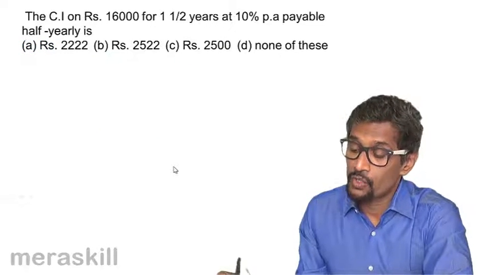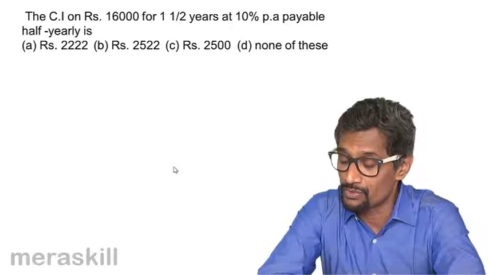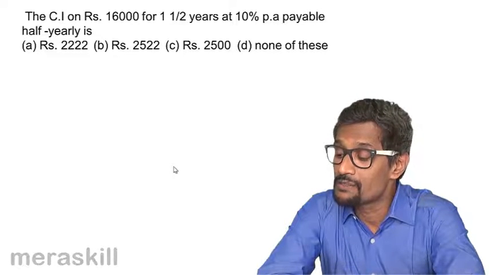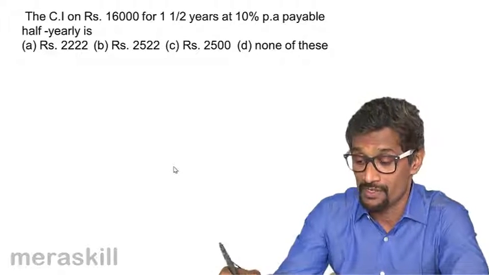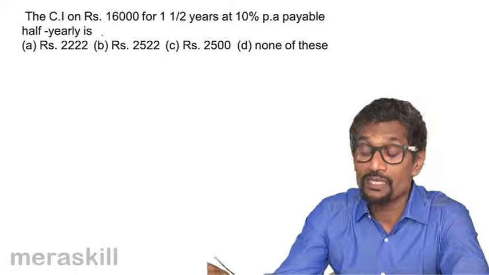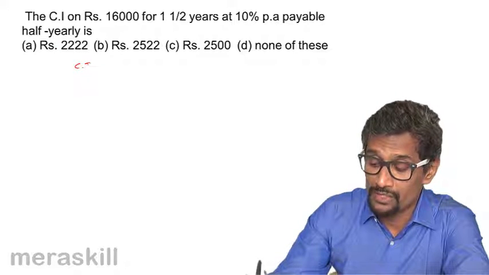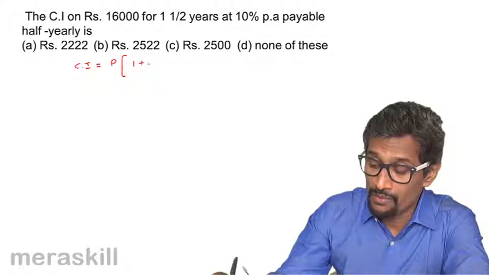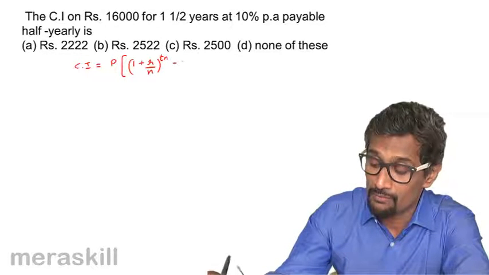Next in line, of course, we have the compound interest on rupees 16,000 for 1.5 years at 10% per annum payable half yearly. So in 1.5 years, there are 3 half yearly periods. So in that case, compound interest is going to be P bracket 1 plus R by N raised to NT minus 1.